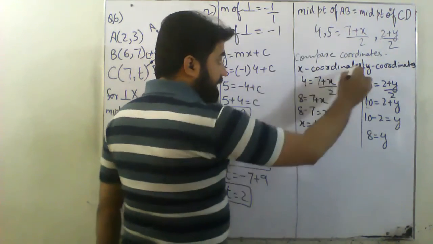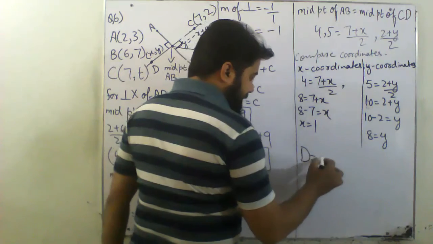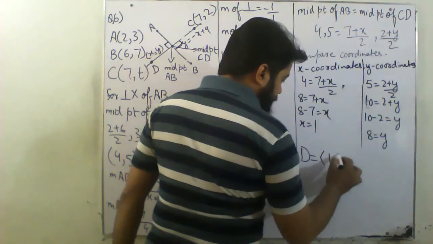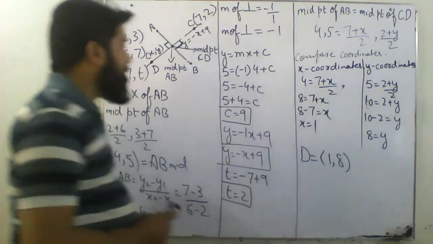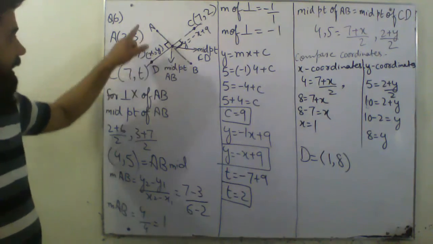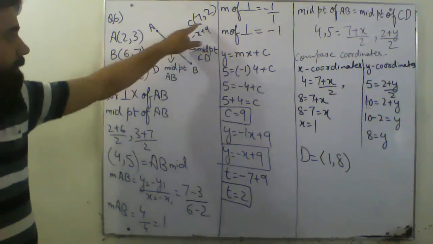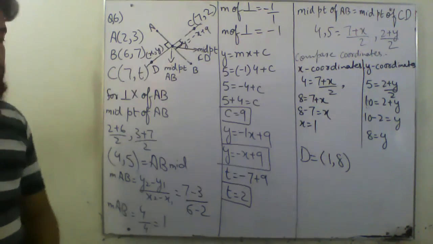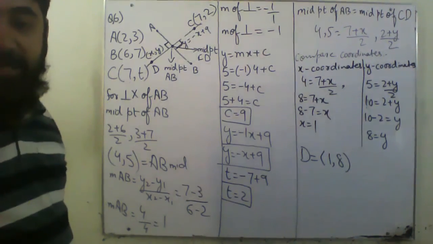So the coordinate of D is coming 1 comma 8. If I plot 1 comma 8 over here, because of that, AB will become the perpendicular bisector of CD.